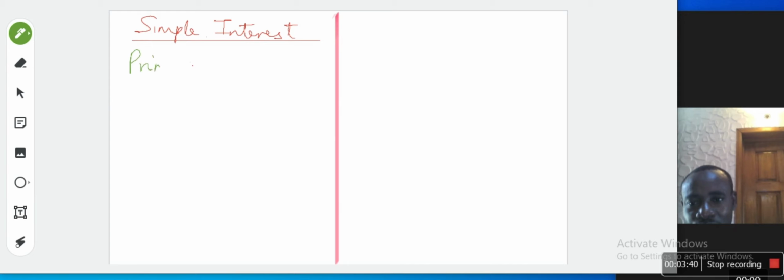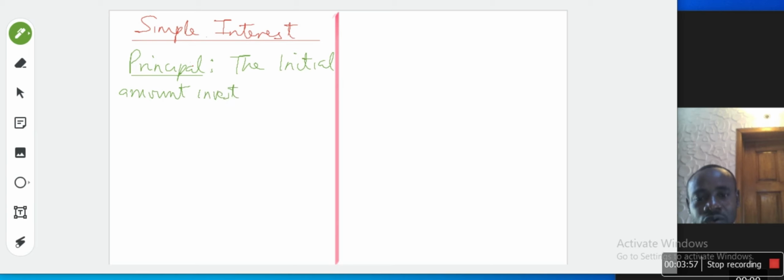In talking about simple interest problems, you need to consider what we call principal, which is the initial amount invested or borrowed, as the case may be. So let me just use simple terms: initial amount borrowed or invested, that's the principal.